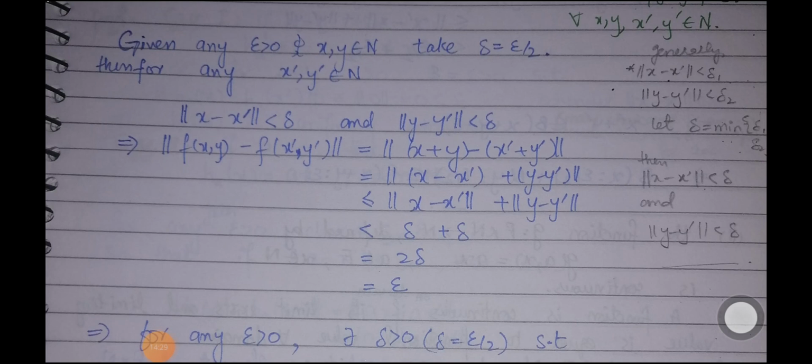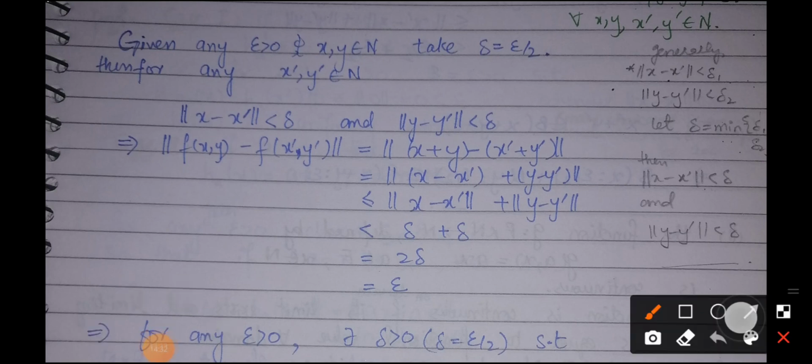In such cases, a question may arise in one's mind: is it always necessary that norm of x minus x prime is less than delta and norm of y minus y prime is also less than the same number delta, or is it possible that we could have different numbers, like delta equal to 0.1 for this and 0.01 for this?